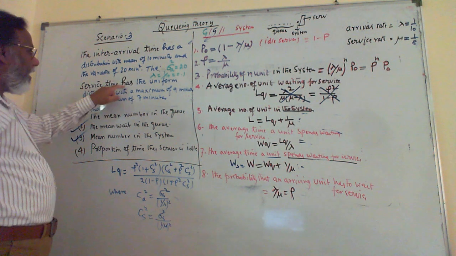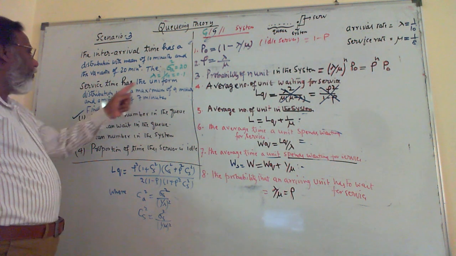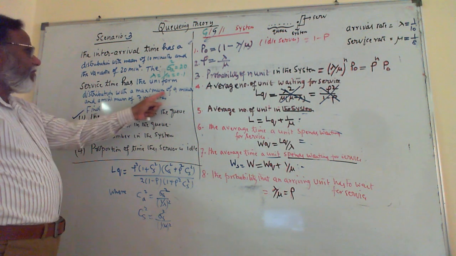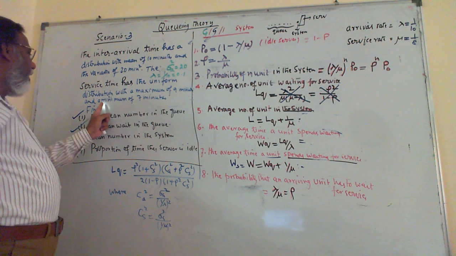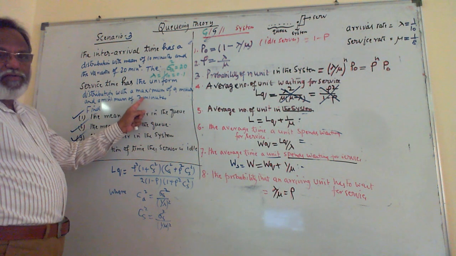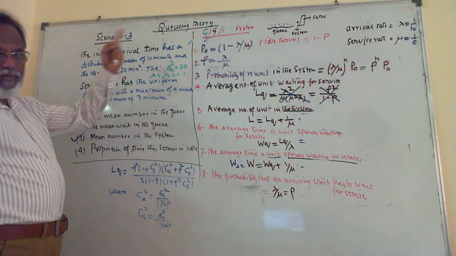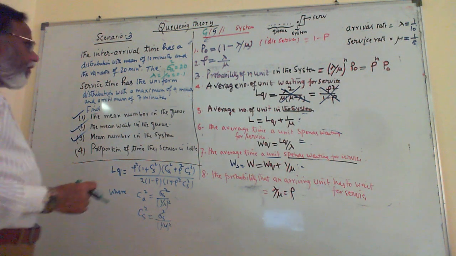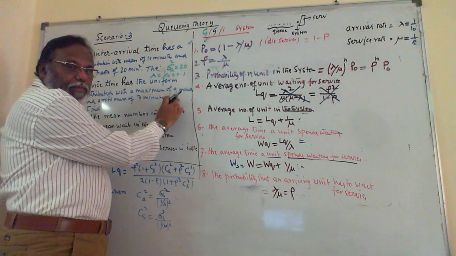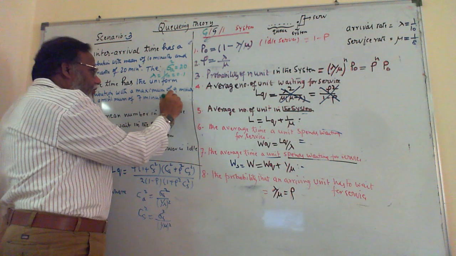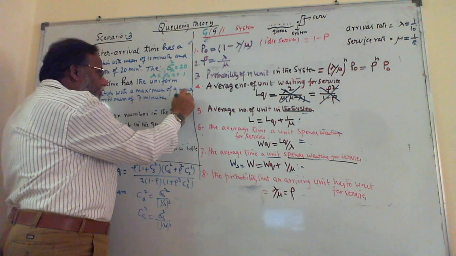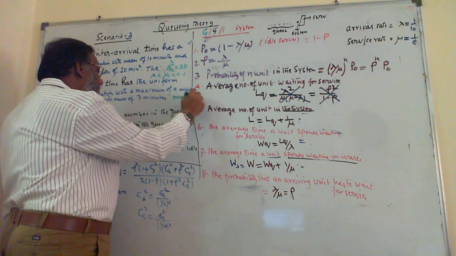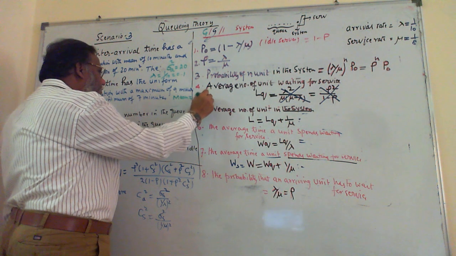The service time has the uniform distribution with a maximum of 9 minutes and a minimum of 7 minutes. It is exactly similar to our last question. As we did there, we found its mean: 7 plus 9 divided by 2, which is 8.